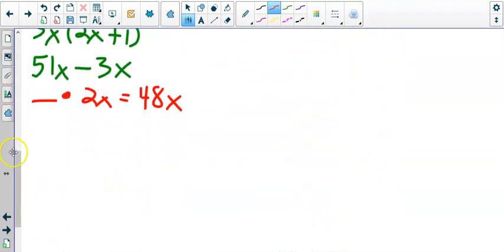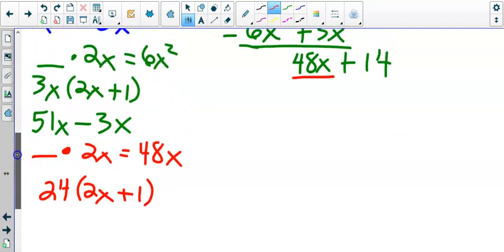And we come down here, we do the multiplying. 24 times the 2x plus 1. We already know that this was going to be 48x. But what's the next part? What's 24 times 1? 24.